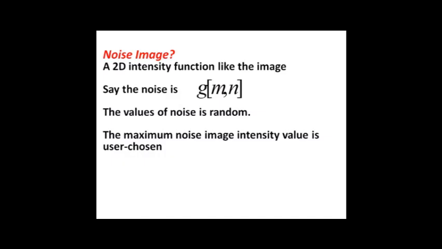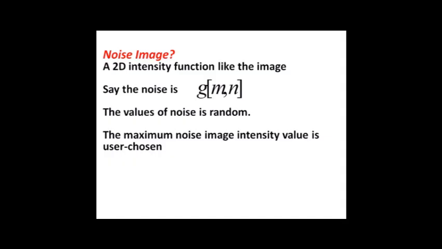What is a noisy image? A noisy image is basically a two-dimensional intensity function just like the image. Say the noise is g of mn, then values of g, or noise values, are random.